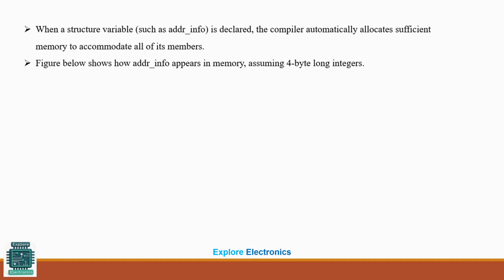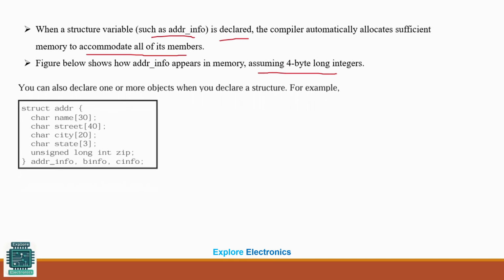Fine. Now, when a structure variable, such as address info based on the previous example, is declared, the compiler automatically allocates sufficient memory to accommodate all of its members. The figure below shows how address info appears in memory, assuming 4-byte long integers.